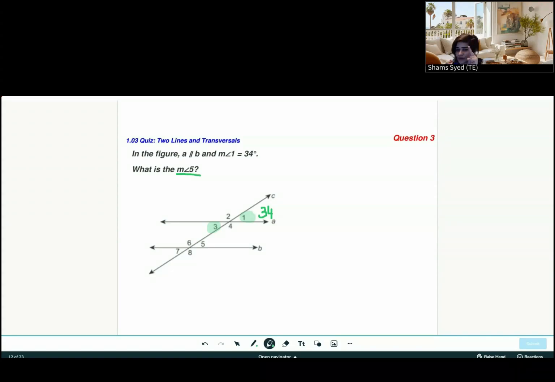There are two more angles that will also be equal to 34. I'm going to give you some time. Think about it. Highlight two more angles that will be equal to 34.